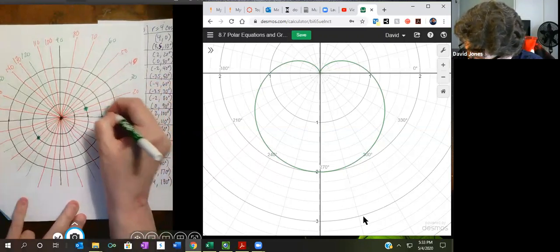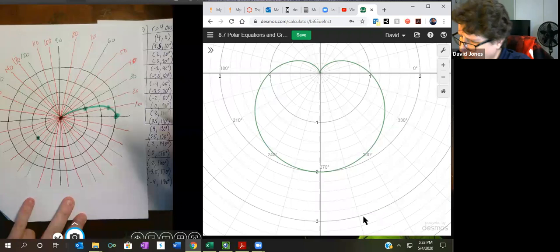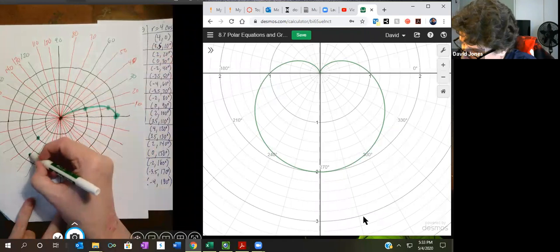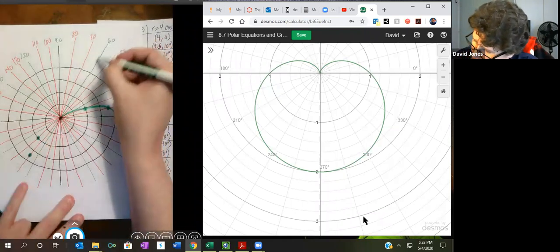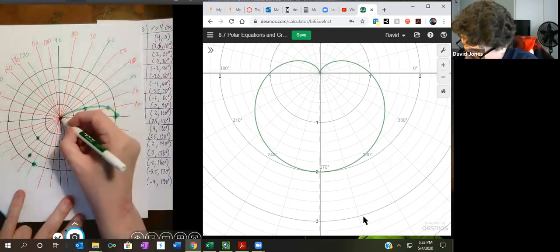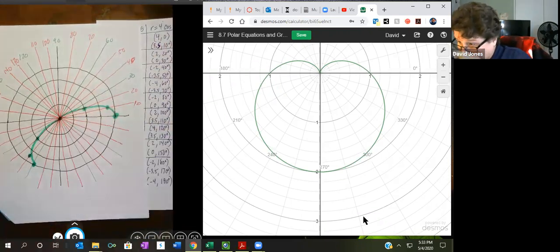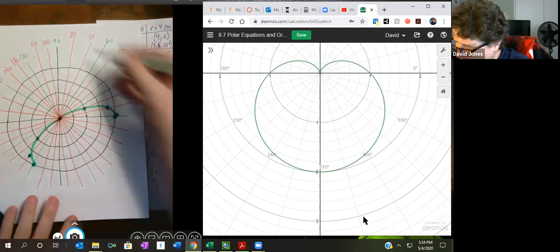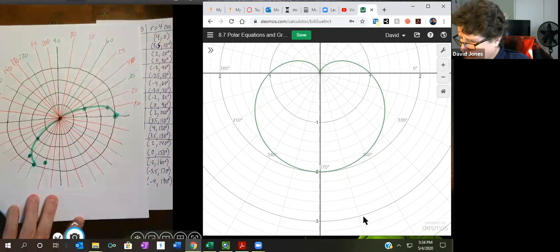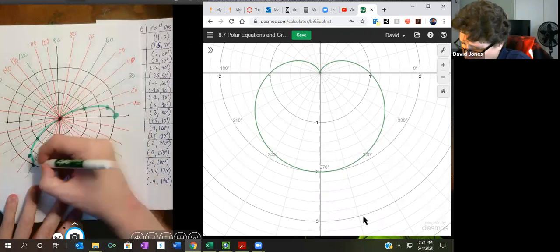So at 50 degrees, I'm at -3.5. At 60 degrees is the green line at -4. So it's doing this. At 70 degrees, I'm at -3.5. 80 degrees, I'm at -2. And at 90 degrees, I'm back to 0.